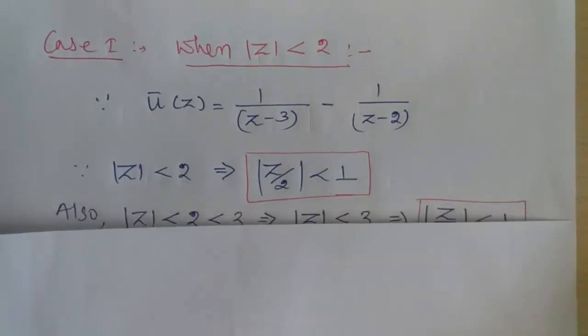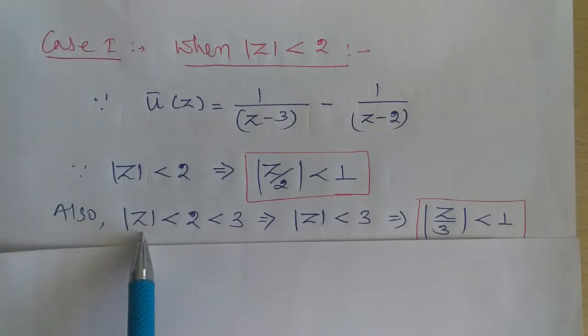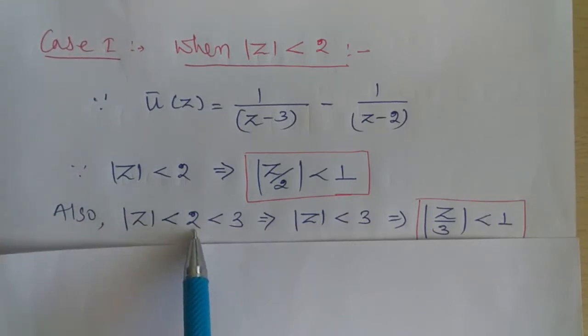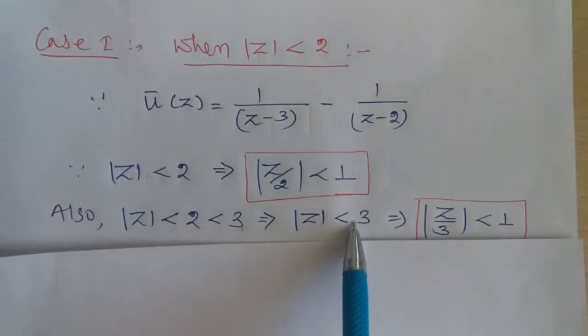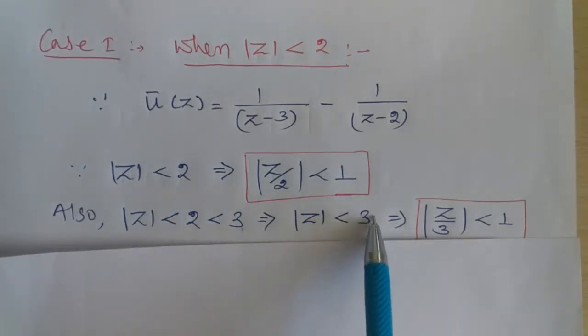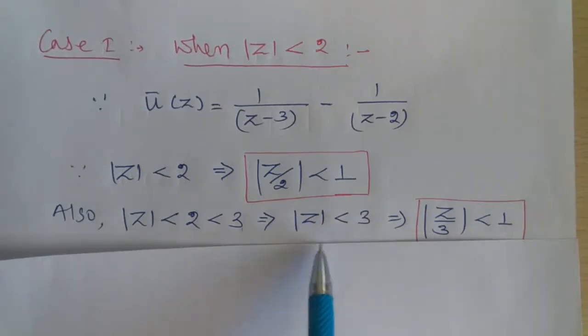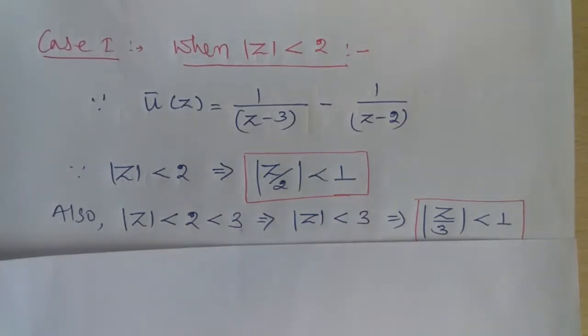And further, mod z is less than 2, and as we know, 2 is less than 3, and this implies mod z is less than 3, which gives mod z by 3 is less than 1.